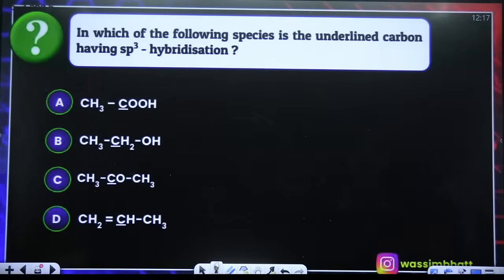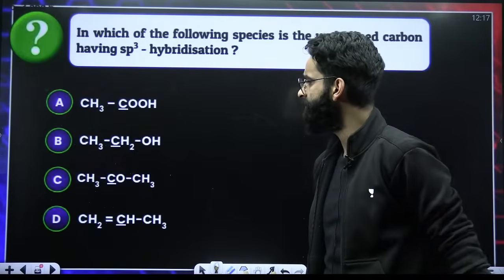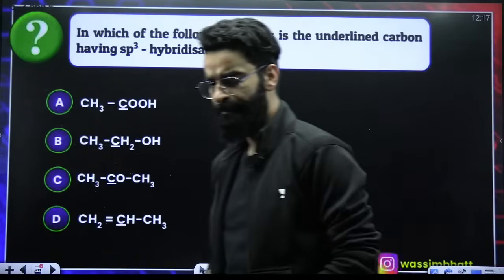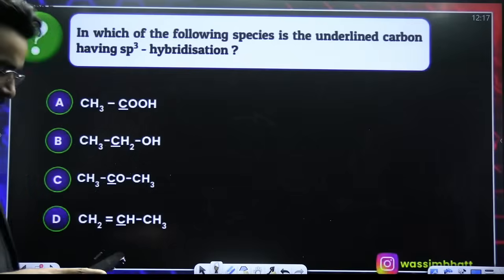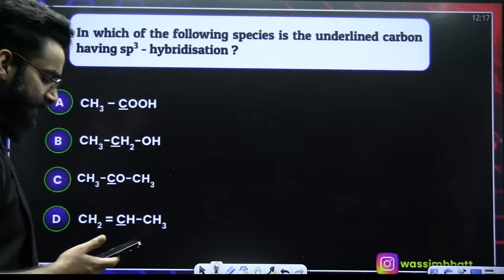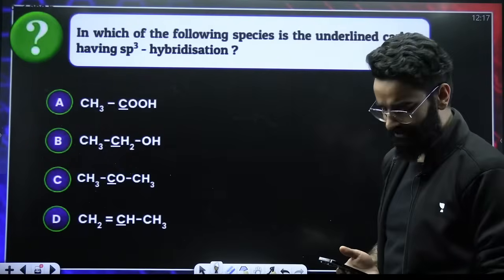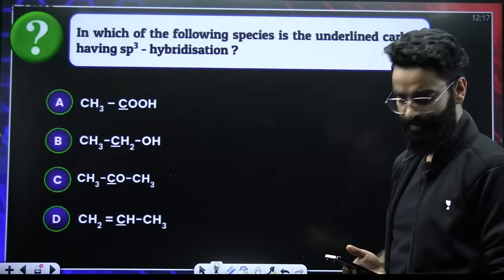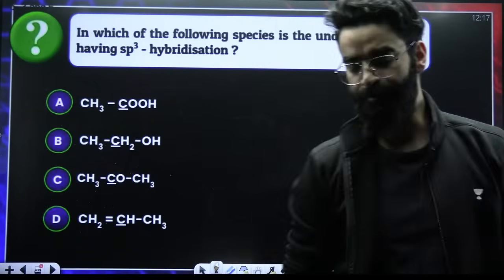Quickly, guys. sp3. The question is saying, in which of the following species is the underlined carbon having sp3 hybridization, right? Quickly, I would want the answers in the chat. Everyone. It's a very simple and basic question, right?